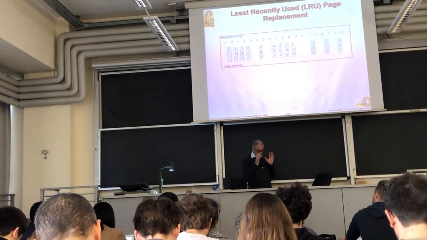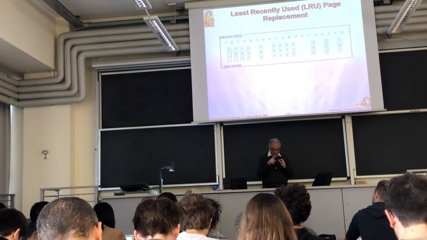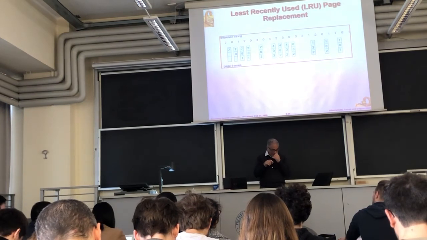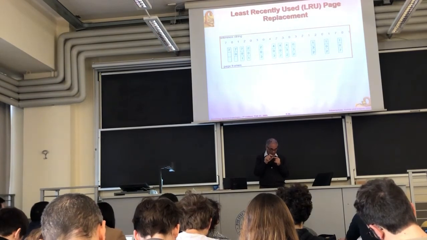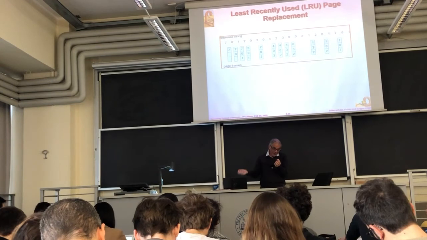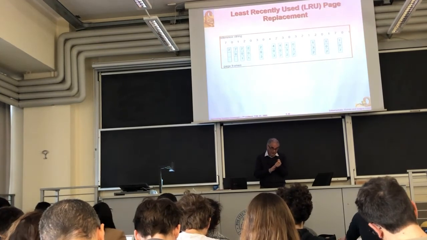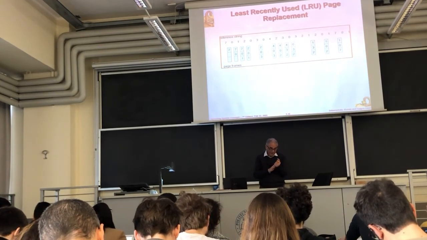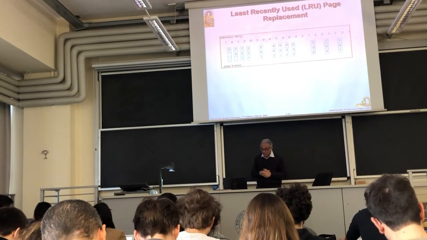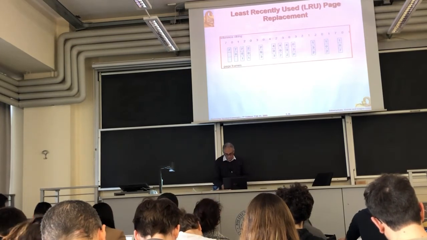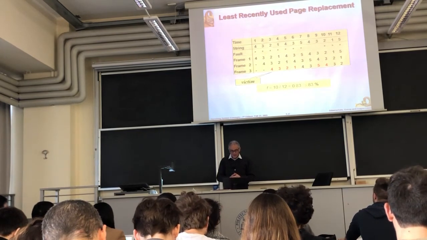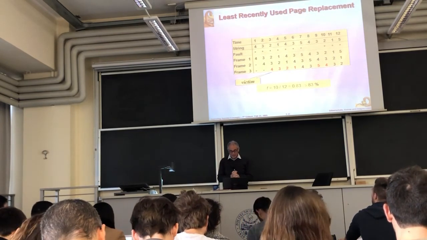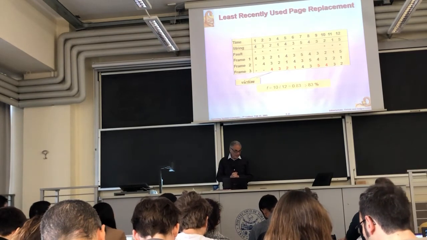So, by the way, since we imagine that we have a short loop, it would be dangerous to select as a victim one of these pages, because we need to bring again in memory a page in a short loop. The least recently used page replacement algorithm has a nice property.